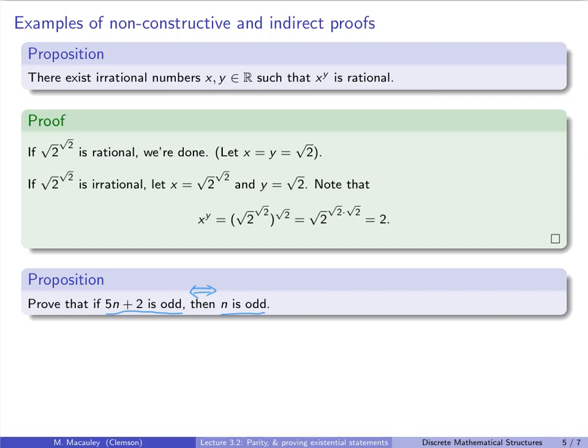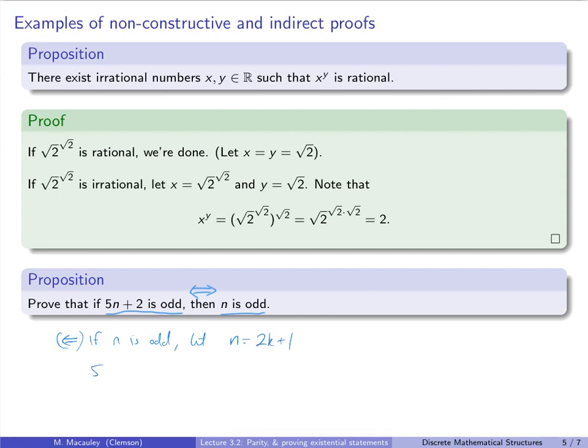So if n is odd, this is proving the backwards direction. If n is odd, then I'm going to let n be equal to 2k plus 1.